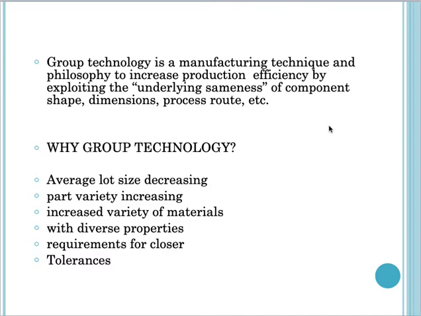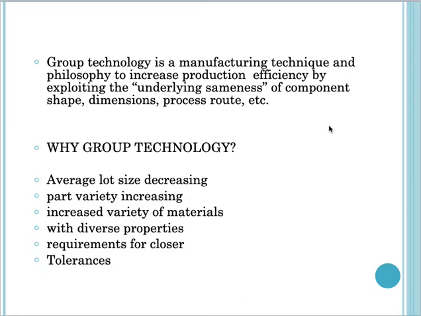Similar parts are arranged into part families. For example, a plant producing 10,000 different part numbers may be able to group the vast majority of these parts into 50 or 60 distinct families. Each family would possess similar design and manufacturing characteristics.